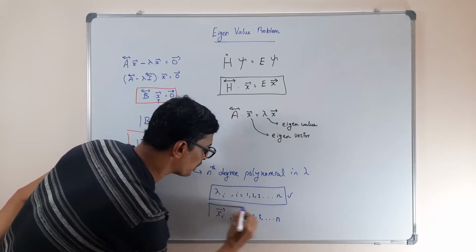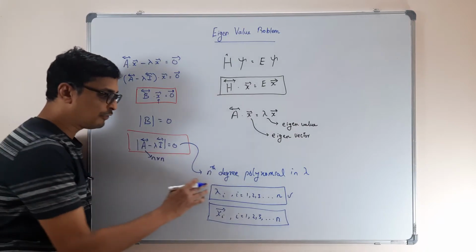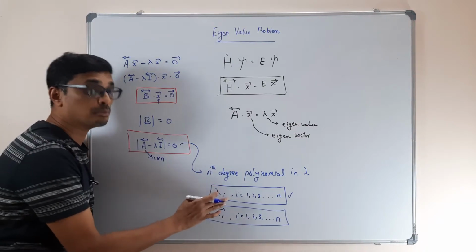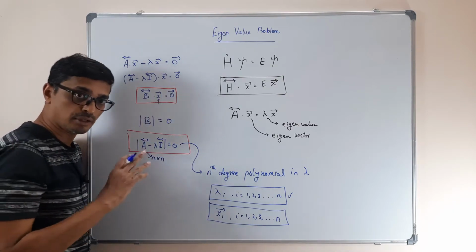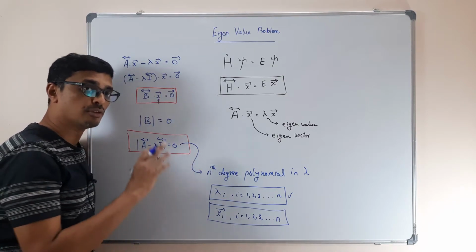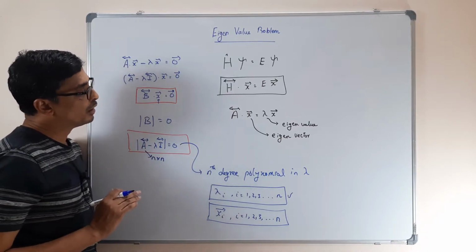So this is your eigenvalue and eigenvector. Identifying these eigenvalues and sometimes even the eigenvectors is typically the eigenvalue problem, for which we will use numerical methods to find these quantities.